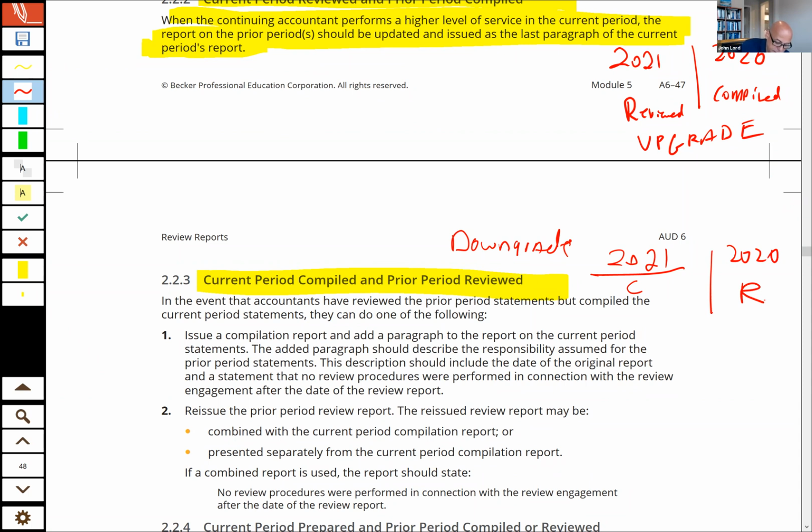So if we have a downgrade in service, what we're going to do is issue a compilation report and add a paragraph to the report of the current period, and the other paragraph should describe the responsibility assumed for the prior period statements, which is going to say, hey, we provided a review. It won't say it was a higher level service.